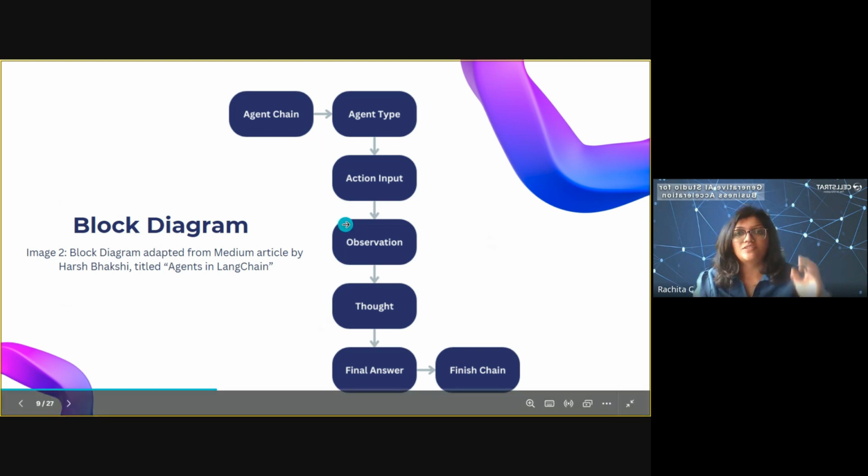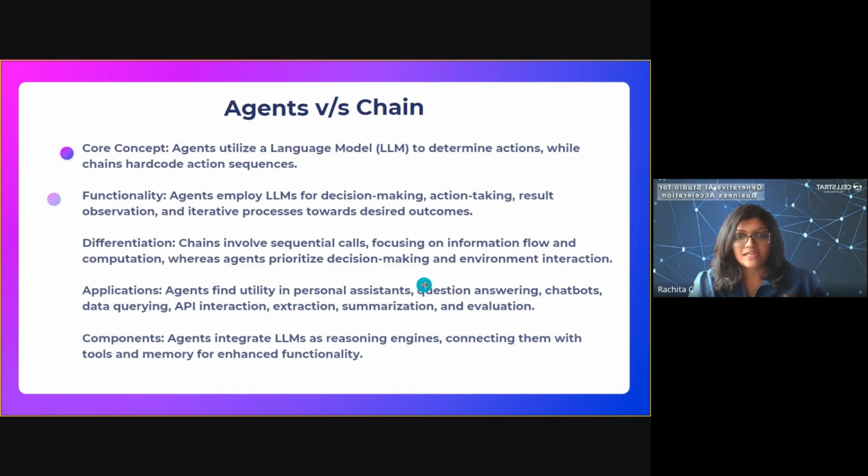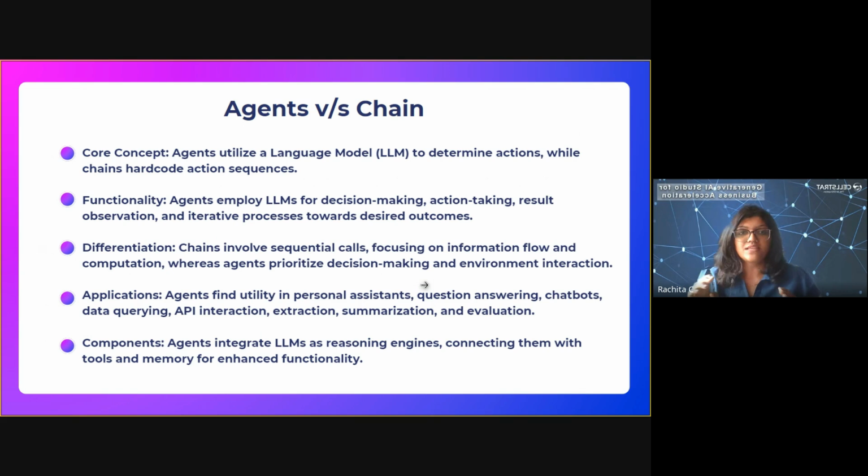It doesn't just throw out the result to the user. It has to go through observation, through the thought process, and through the dilemma of whether this information is correct or not. All this process it does, and it comes up with the final answer. That is how a chain is different from an agent.